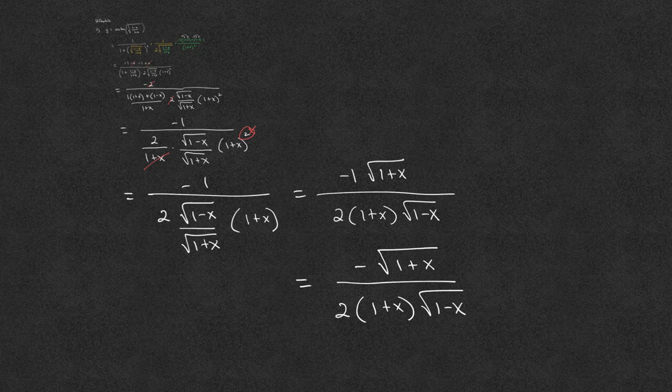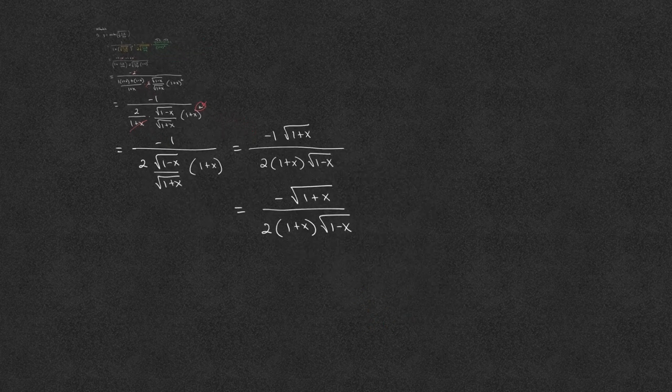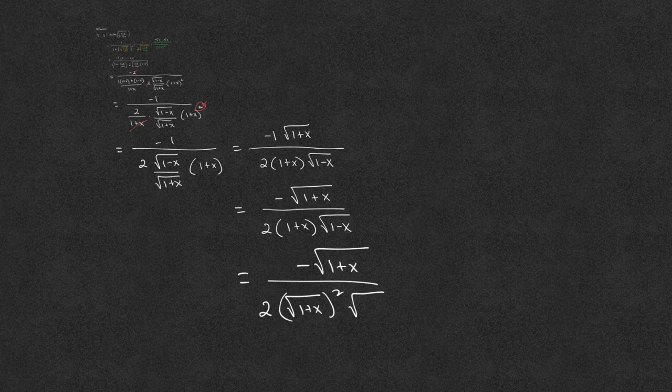Now, this square root of 1 plus x and the 1 plus x in the denominator, we can do something about it. This is negative the square root of 1 plus x over 2. 1 plus x is the square root of 1 plus x squared. And then we still have the square root of 1 minus x. We do this because we want to cancel out the square root of 1 plus x.